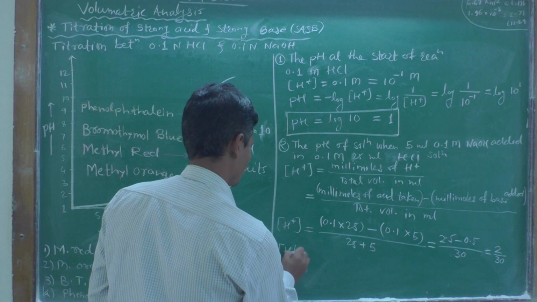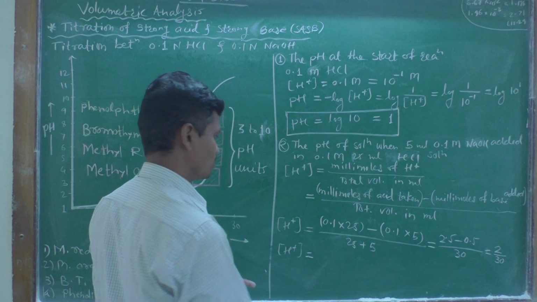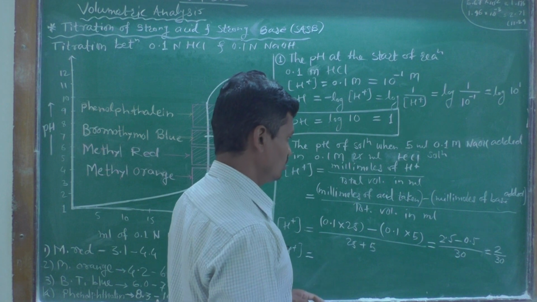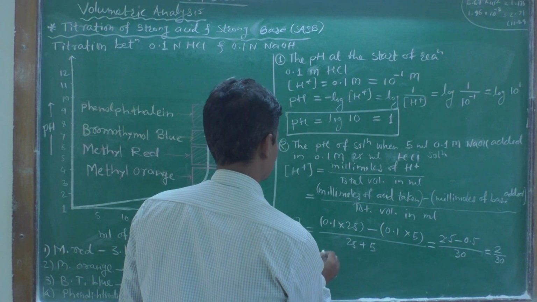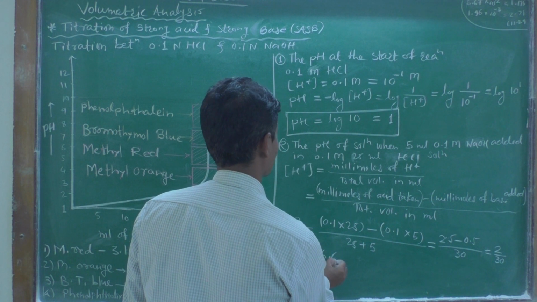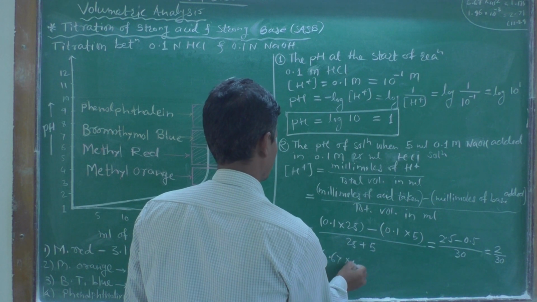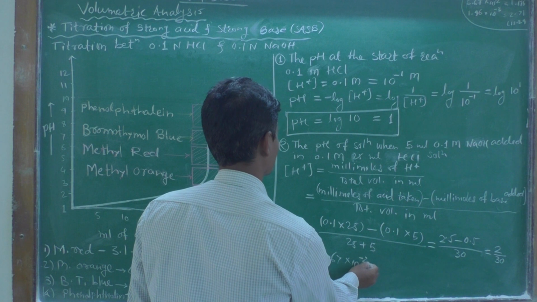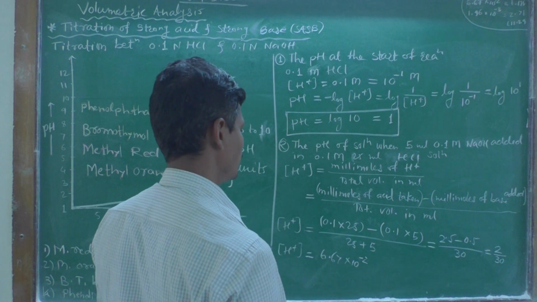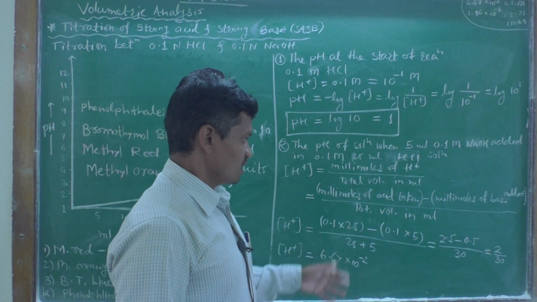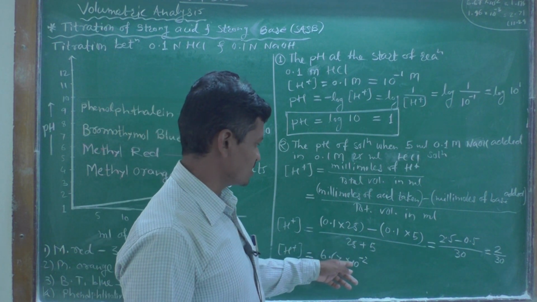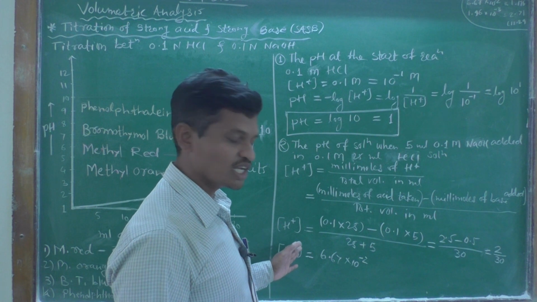We are calculating the H plus ion concentration. The answer is approximately 6.67 into 10 raised to minus 2; you can solve this by calculator. This is nothing but the H plus ion concentration.